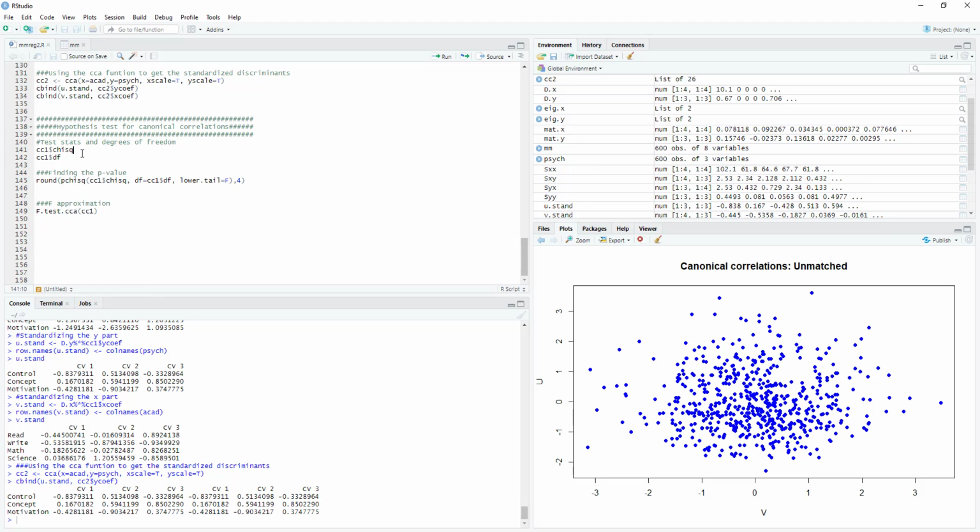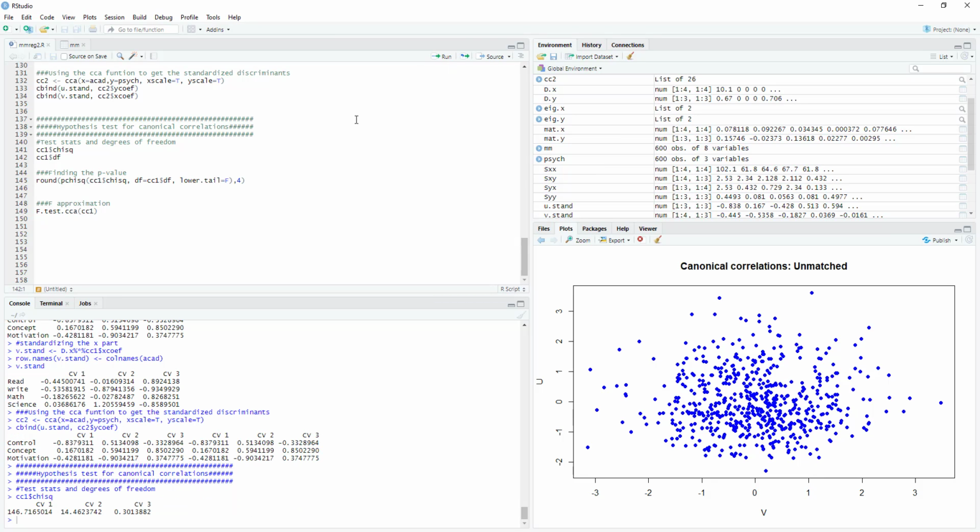If you call up CC1 chi-squared, it's going to be the test statistic for a chi-squared approximation. So for the null hypothesis that all 3 of our canonical correlations are 0, we end up with a test statistic of 146.7. Chi-squareds depend on their degrees of freedom, so this could actually be a small test statistic if the degrees of freedom are large.